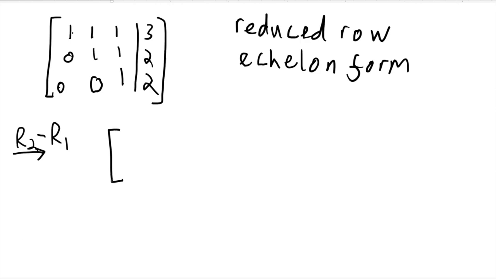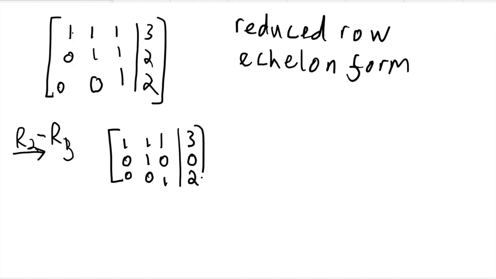Obviously, we still only have to do elementary row operations, but the matrix we'll end up with when we do this is 1, 1, 1, 0, 1, 0, 0, 0, 1, and then 3, 0, 2.